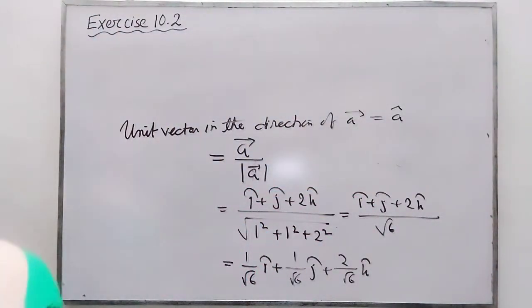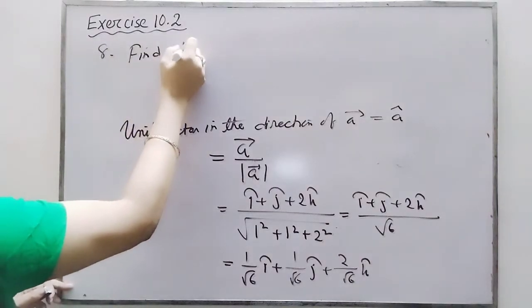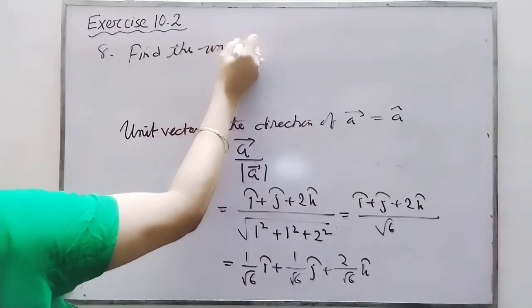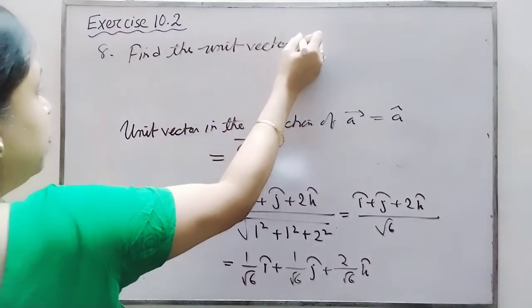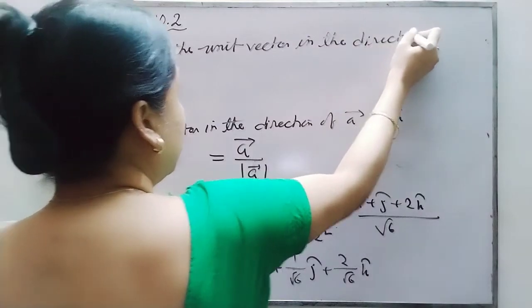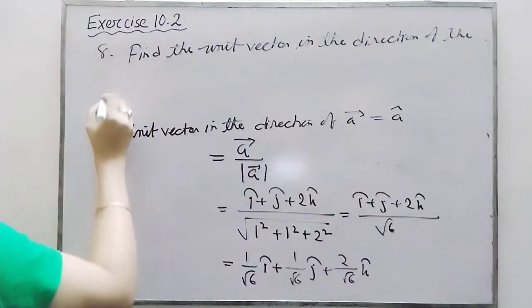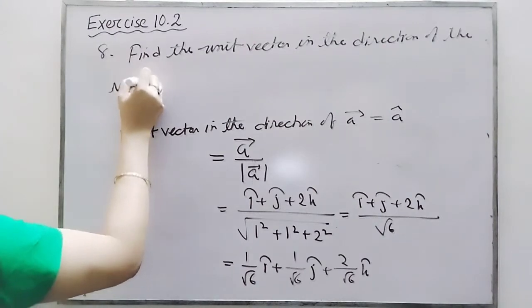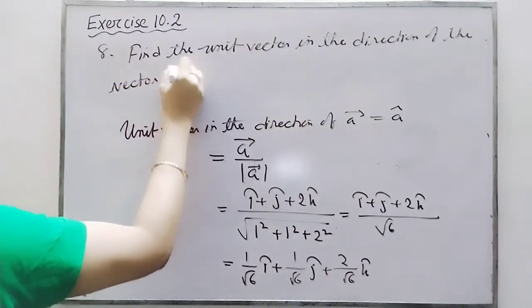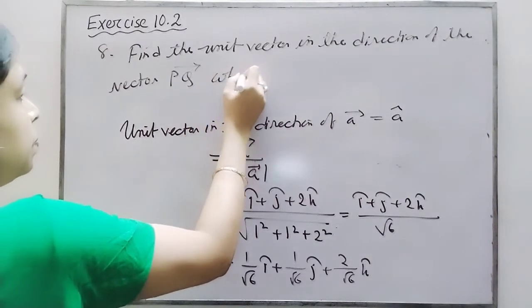Your question number 8 is: find the unit vector in the direction of the vector PQ bar, where P and Q are the points. Let me give you the points. I have written the P and Q points for you.